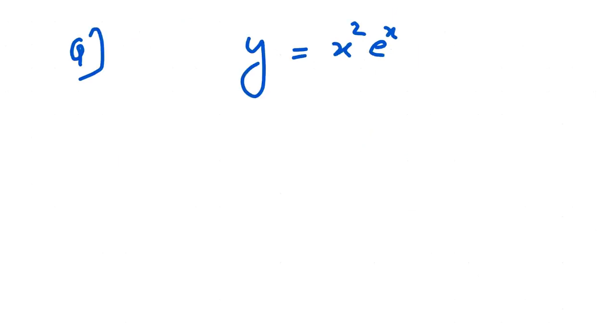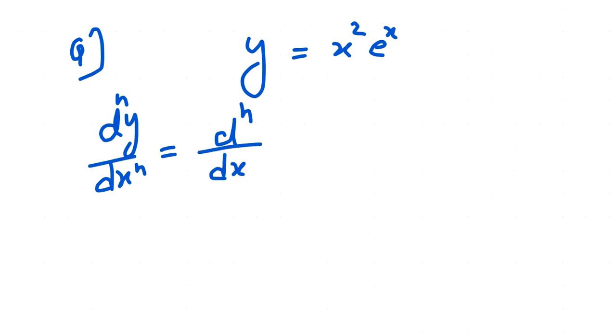So let us find the derivative of y. d^n y over dx^n is equal to the nth order derivative of the product of x square into e to the power x. You know very well how to find nC0, nC1, nC2. Right?